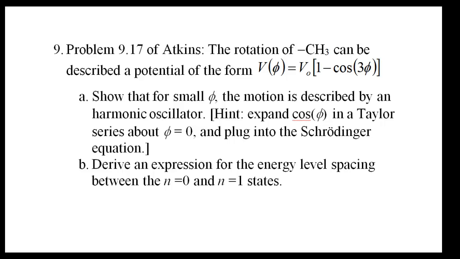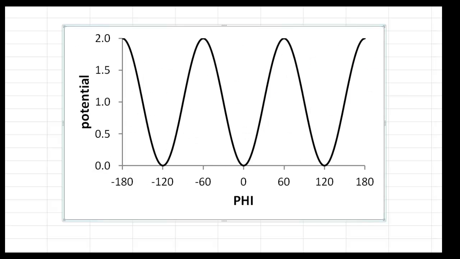And here's a hint: expand cosine theta, in this case phi, cosine 3 phi, in a Taylor series about phi equals 0. Okay, well, before we start that, let's actually look at this function. Here it is.